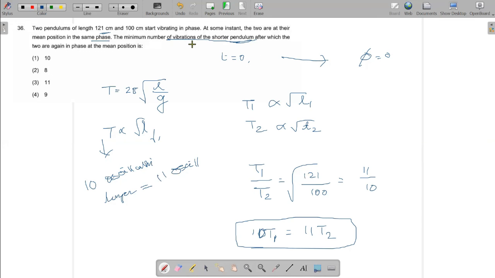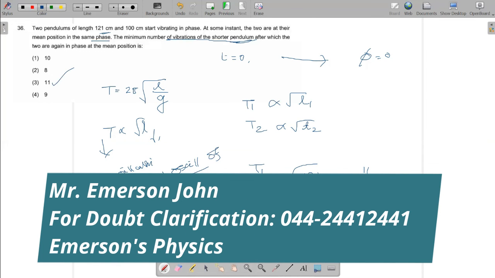The shorter pendulum is T2. After 11 oscillations, it matches with what? 10 oscillations of the longer pendulum. So 11 oscillations of the shorter pendulum equal 10 oscillations of the longer pendulum. Do you understand? Then both match. So 11 oscillations of the shorter pendulum is the answer. Thank you.